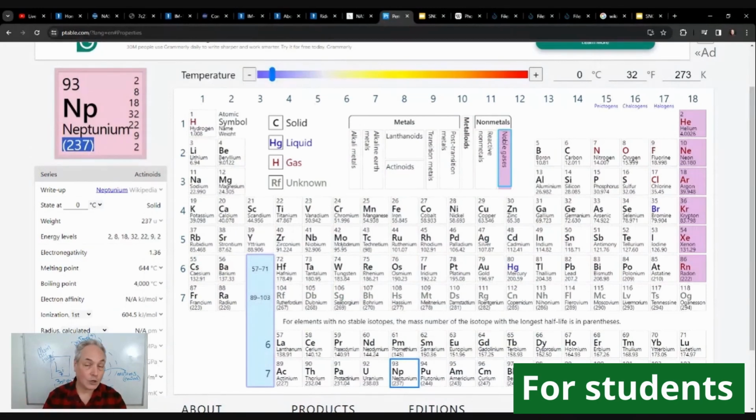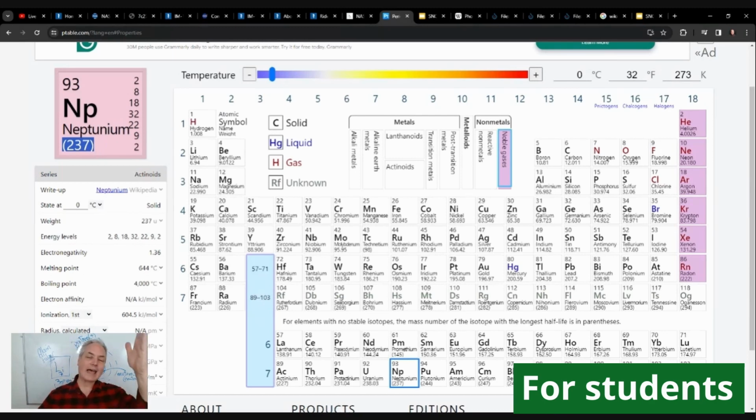The reason they have their own column is that when we put all the elements together to organize them, and by the way, I'm going to create a video shortly about Mendeleev, a Russian scientist in 1868, 1869, who put together all the known elements and was trying to find ways to organize them, and that created the birth of the periodic table. So Mendeleev is important. Perfect.